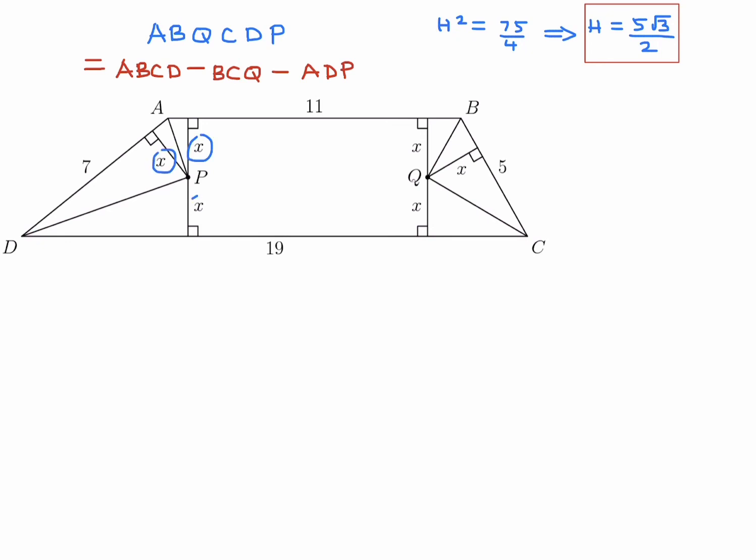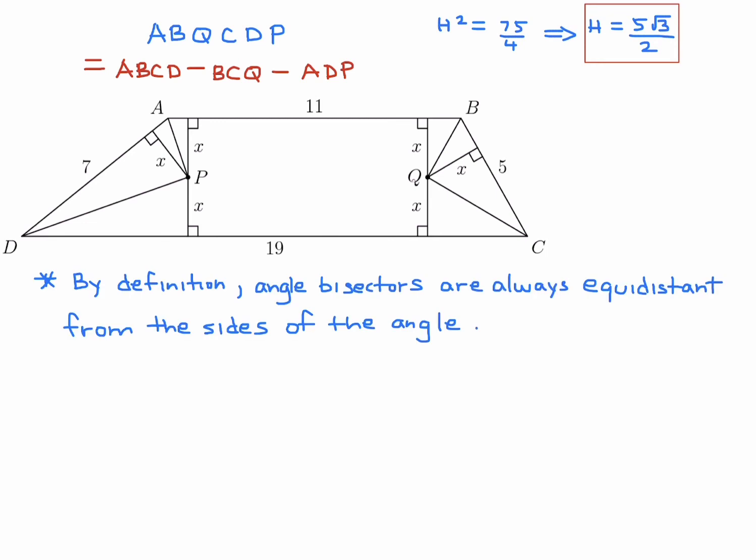Now let's turn back our attention to these x's. How do we know this, first of all? We can label it, but how do we know that is true? Well, it's true because by definition, when you have angle bisectors, they're always equidistant from the sides of the angle. And that is a very important point that I think is challenging. A lot of people may not know that, or if they do know it, may not recognize it in this question.